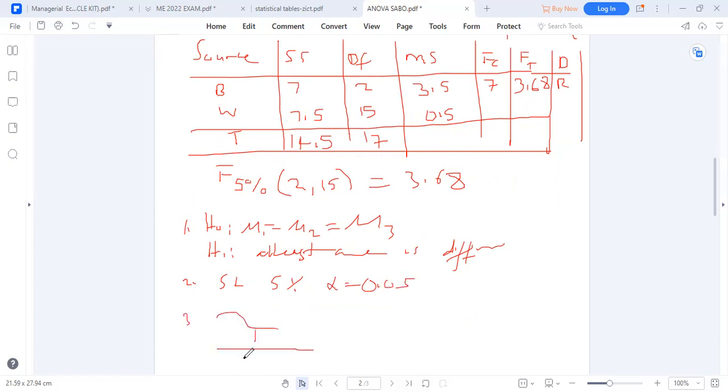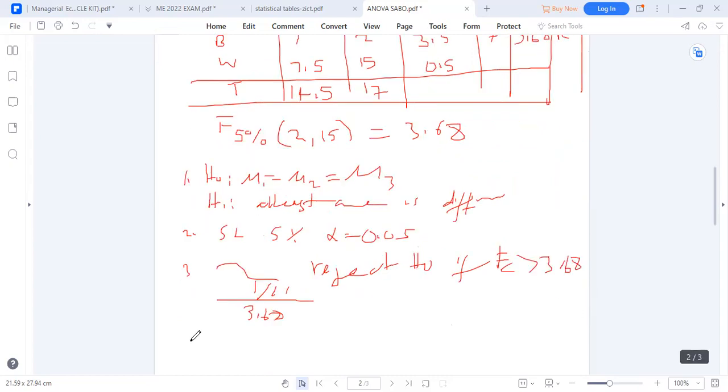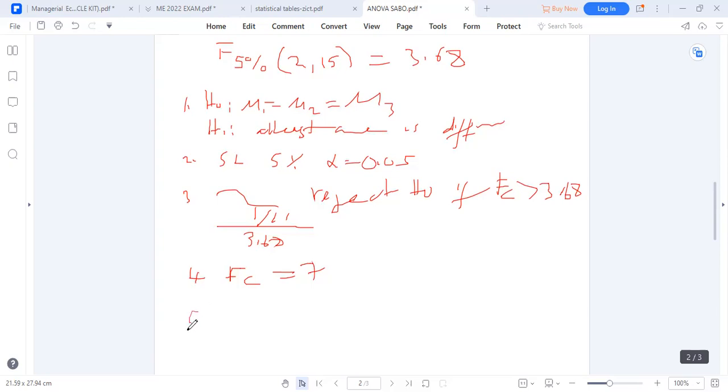We reject H0 if F calculated is greater than 3.68. Step 4, calculate F, which is 7. Step 5, make a decision and conclusion.